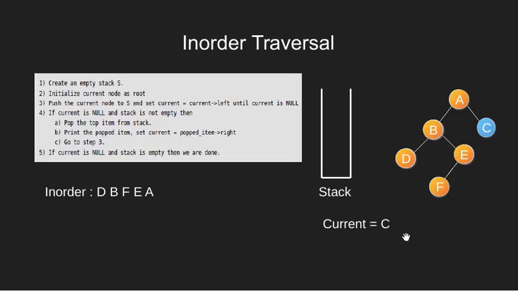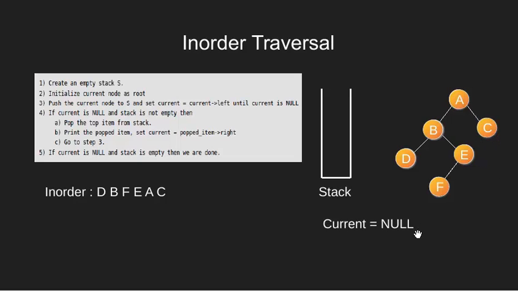We now go to step 3, push C into our stack and make current point to the left of C, which is null. We go to step 4. Since current is null and the stack is not empty, we pop and print the top of the stack, which is C, and make current point to the right of C, which is null.